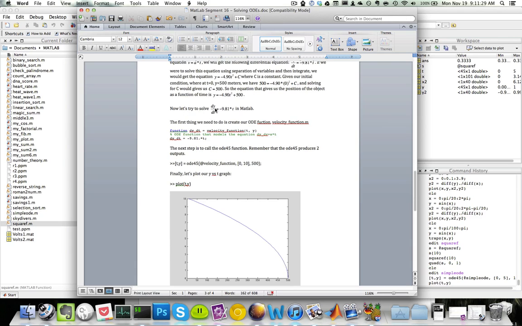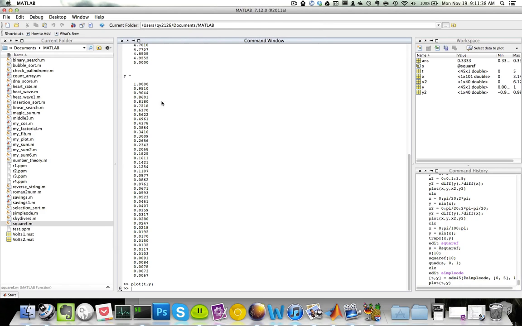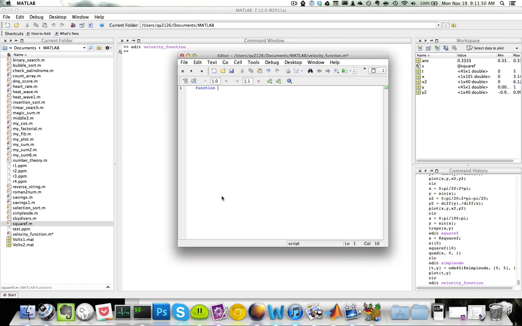Now let's try to solve this in MATLAB. So dy/dt equals negative 9.81 times t. The first thing I want to do is create my actual function. So edit velocityFunction. Function dy/dt is equal to velocityFunction(t, y).